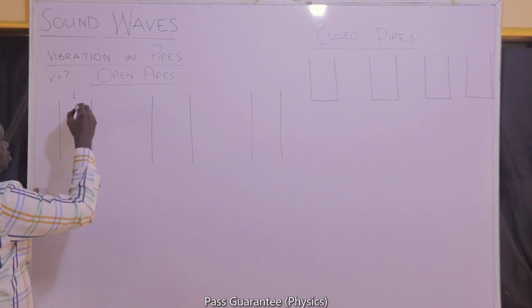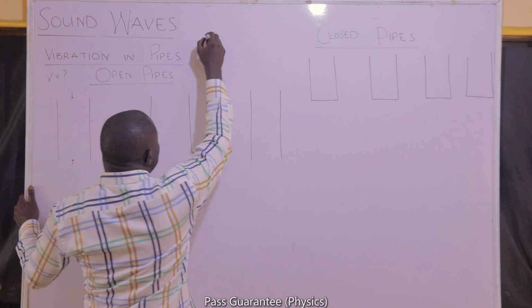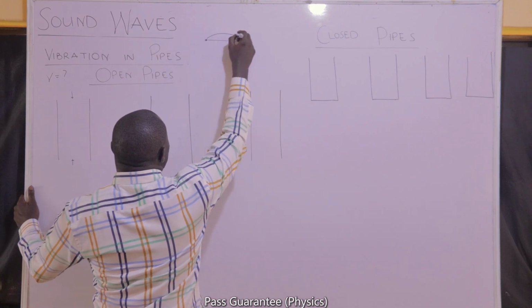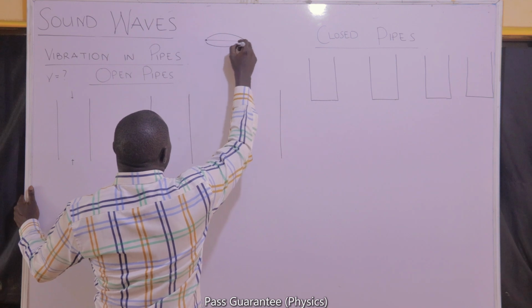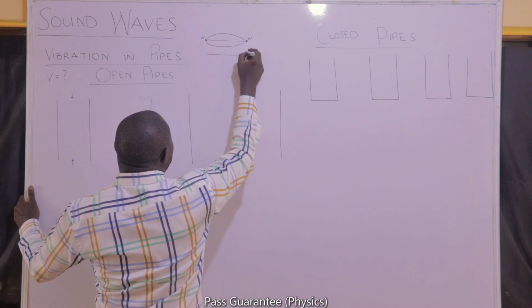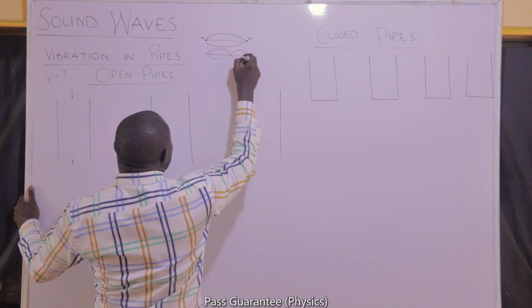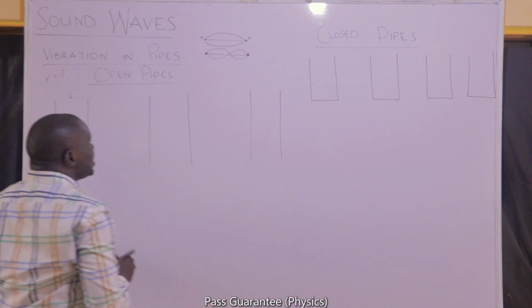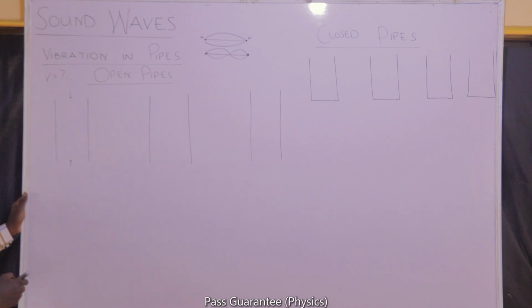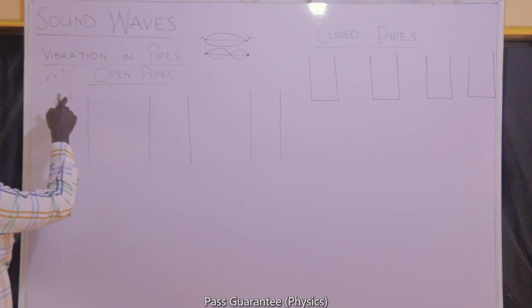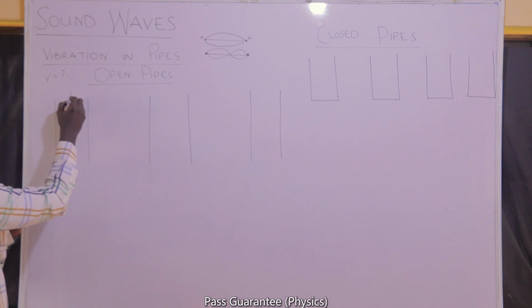When we're talking about string, we saw that the string was giving us a node at the ends. Why? Because the ends are fixed. If you have a free end, the part of the stationary wave that is commonly highlighted at the free end is an antinode.